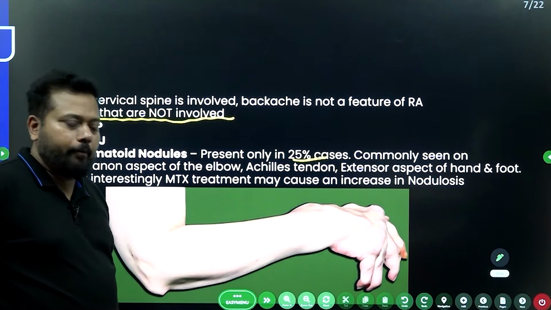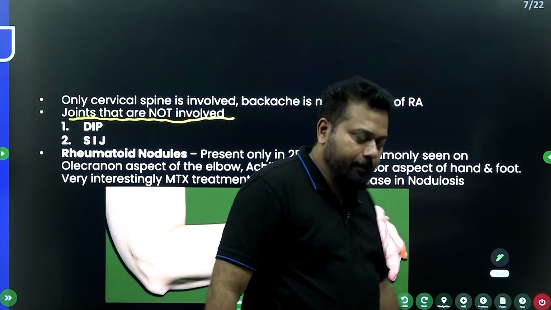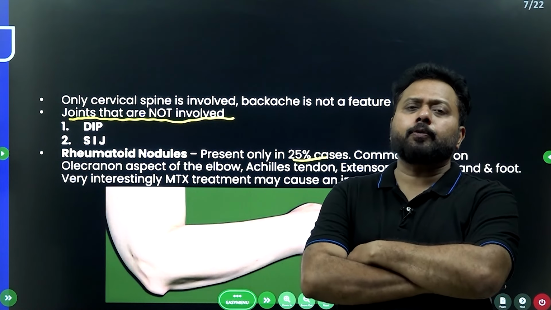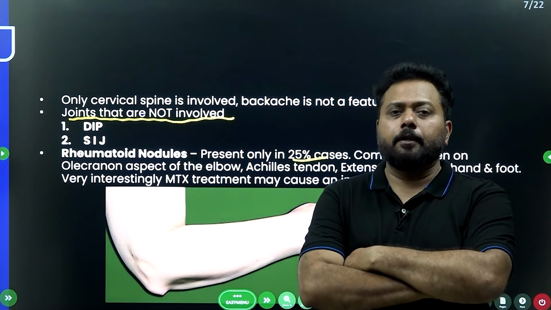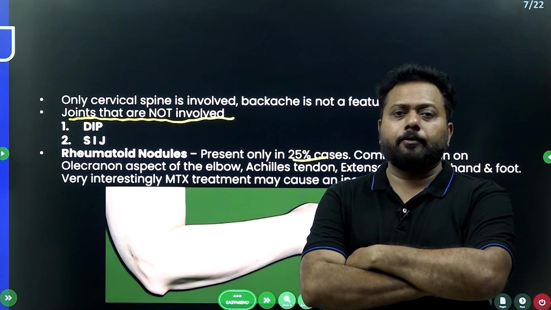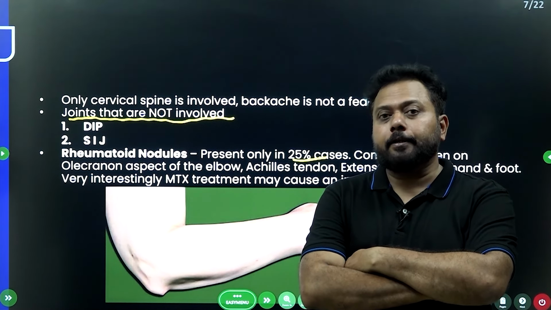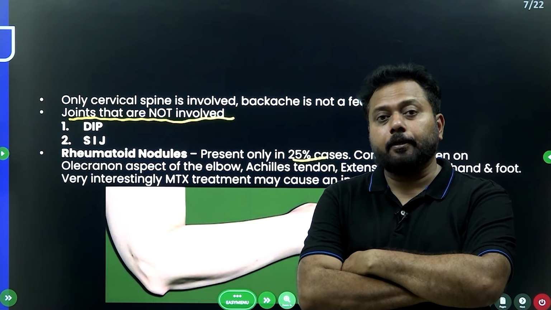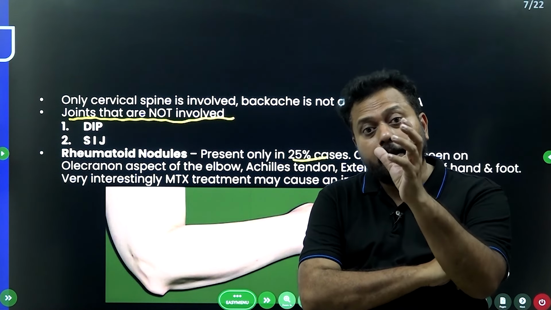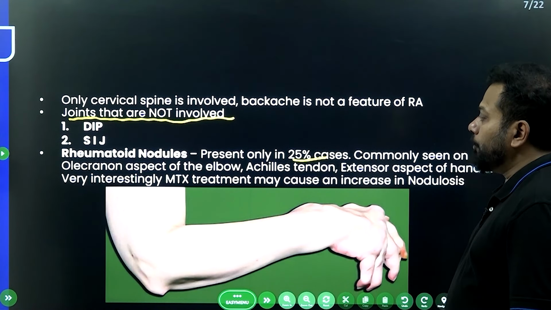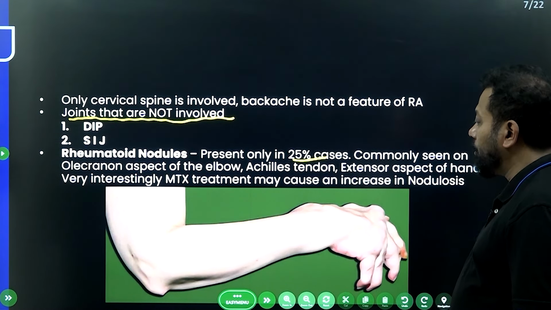One practical point I want to stress is, you all know the disease modifying anti-rheumatoid drug we usually give for rheumatoid arthritis is methotrexate. Very interestingly, when you put the patient on methotrexate, rheumatoid nodule sizes increase. That's one study they had. So methotrexate treatment can cause an increase in nodulosis.